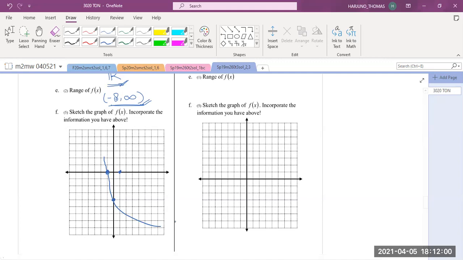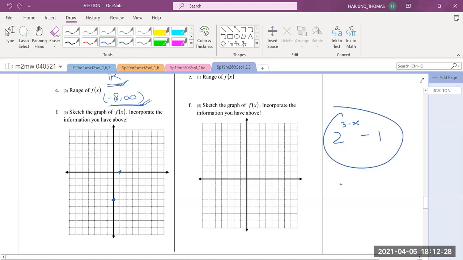And we don't flip with respect to the y-axis, which I plan to do in your next test. So in your next test, be prepared with this kind of question: 2 to the 3 minus x, let's say, plus 1 or minus 1, or anything else. The graph starts with 2 to the x, then 2 to the x plus 3.